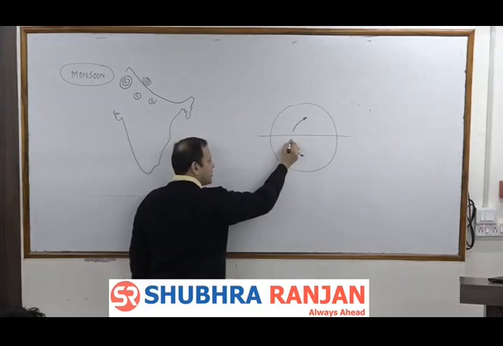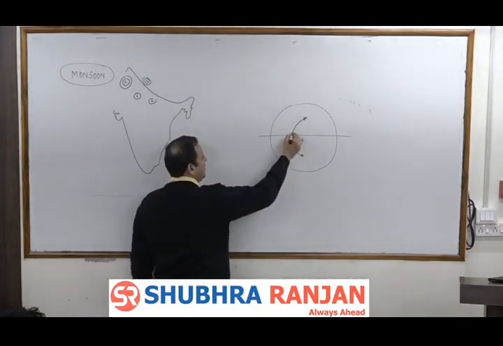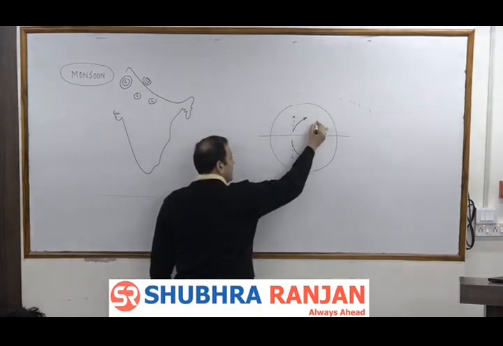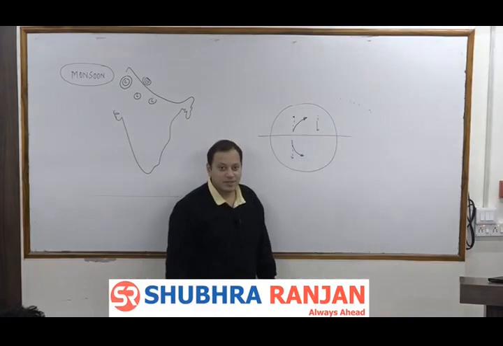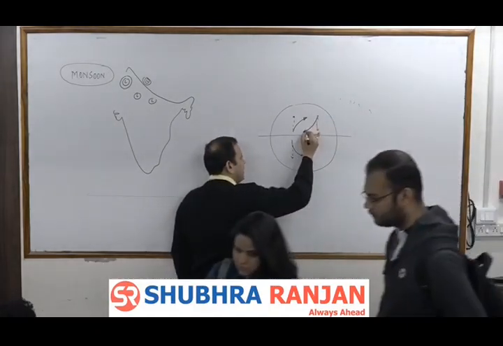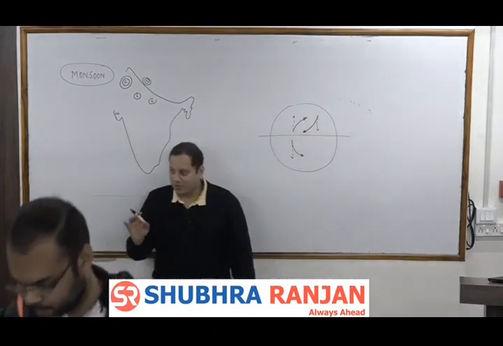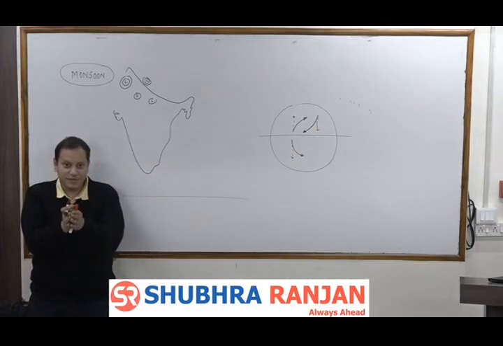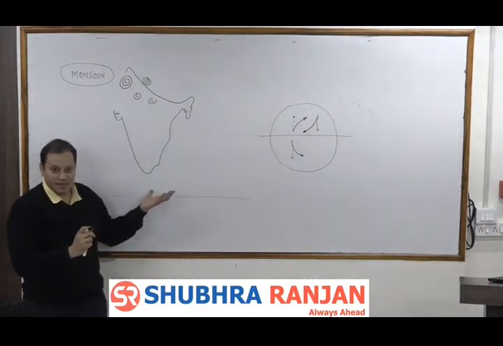So instead of going straight, it is getting deflected to the right. So how to identify the Coriolis force? Identify it by putting an arrow, putting yourself in the direction of the arrow and then deflecting it.